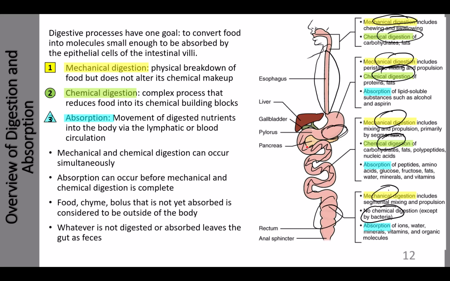And when you've got the undigested food and the unabsorbed food entering into the large intestine, then it leaves as fecal matter, right? Anything that's in the digestive tract is considered to be outside the body because it's not yet part of the systemic or lymphatic circulation.